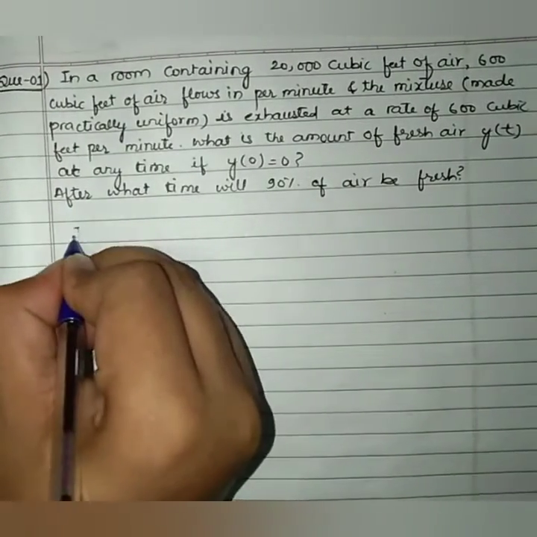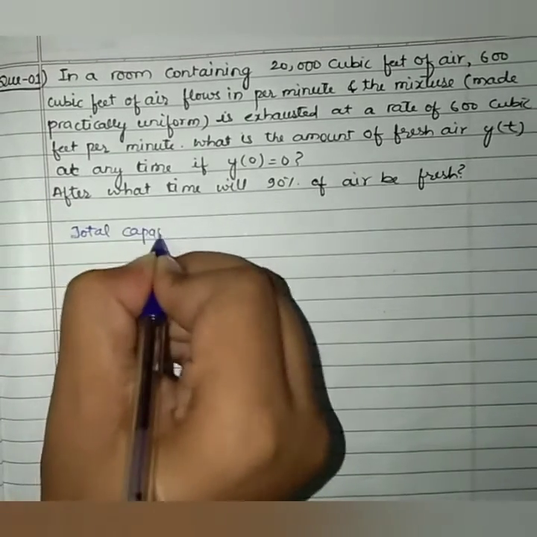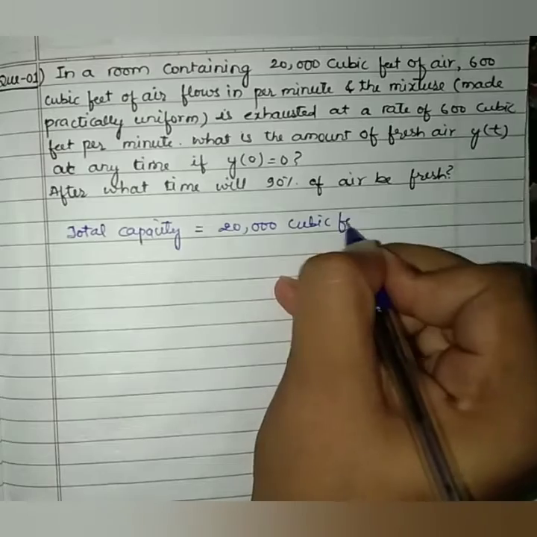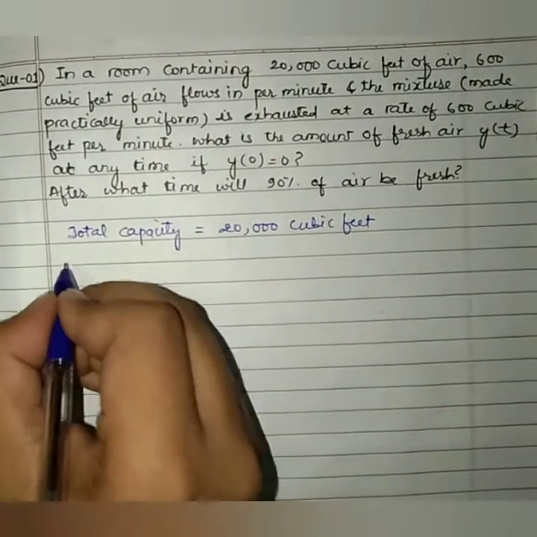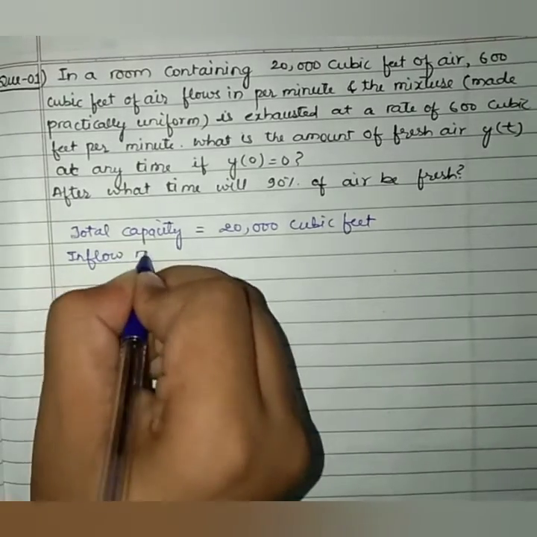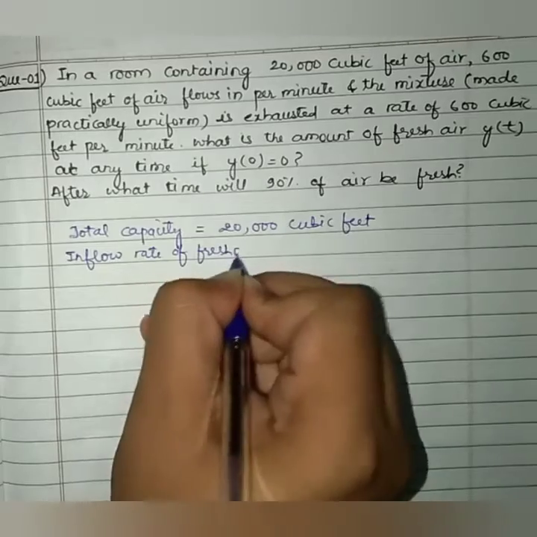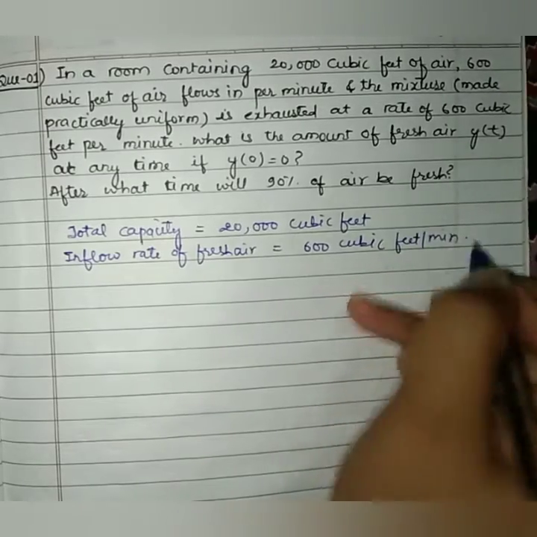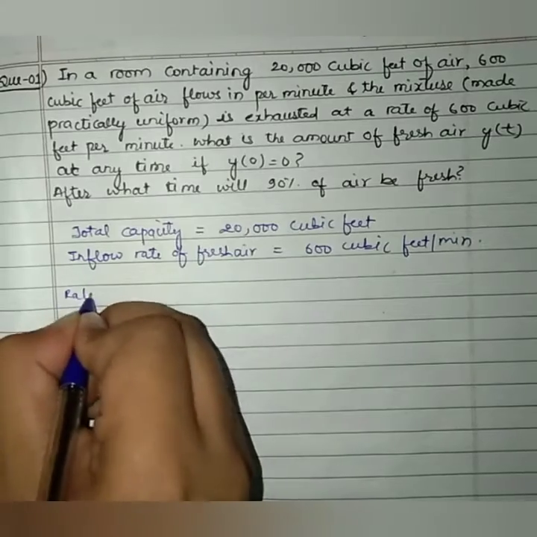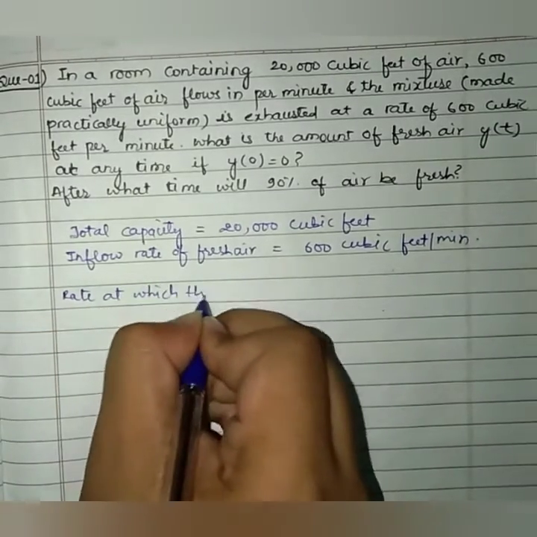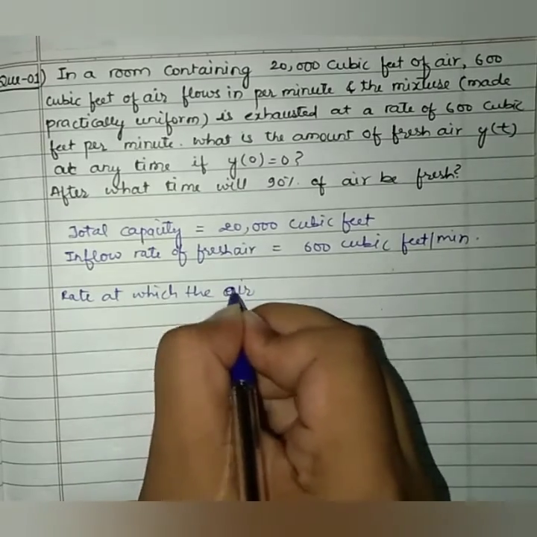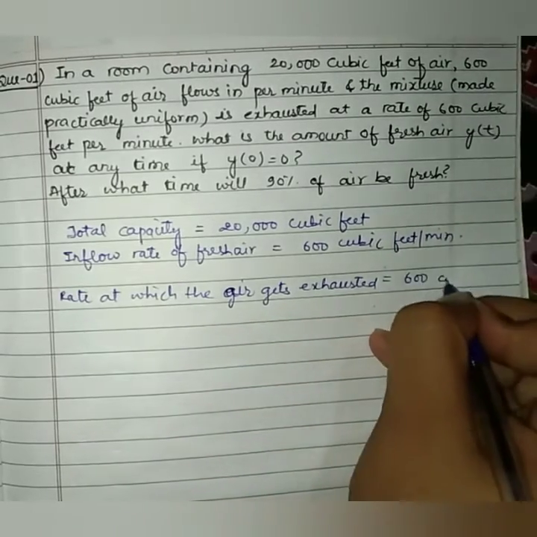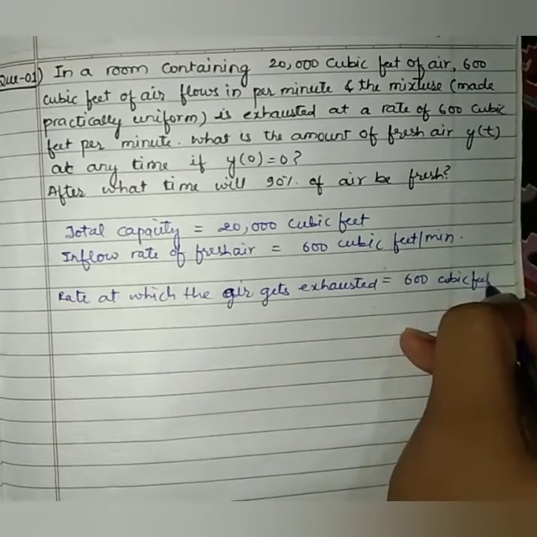They have given the total capacity of the room, 20,000 cubic feet, and then the inflow rate of fresh air is given as 600 cubic feet per minute, and the rate at which the air gets exhausted is also given as 600 cubic feet per minute.